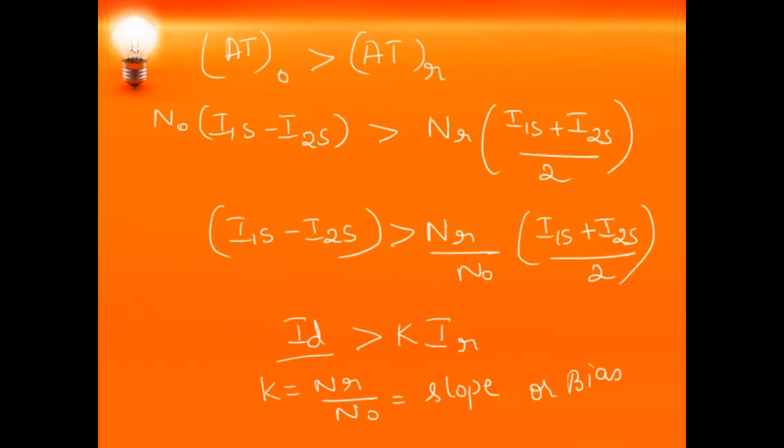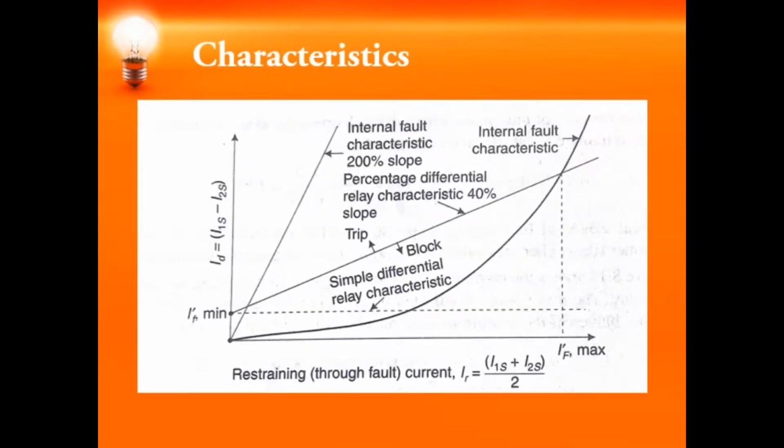is going to vary. So if we have a plot of the through current or the restraining current along the x-axis and the differential current along the y-axis, you can see that this line corresponds to the percentage differential relay with a slope of 40%, whereas this dotted line is the characteristic of a simple differential relay.